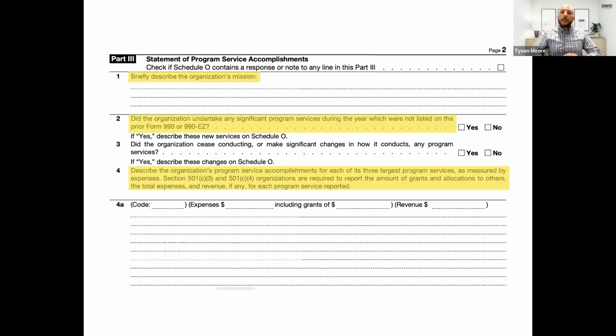Line 2 asks if the organization undertook any significant program services that were not listed on the prior 990. So if you added new programs during the year, we need to think about whether they are significantly different from the programs you currently have in place.